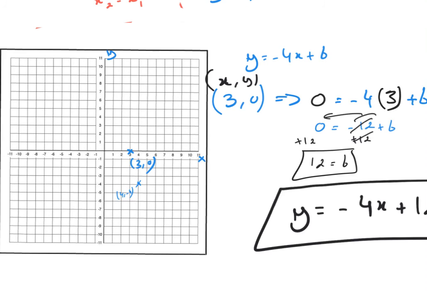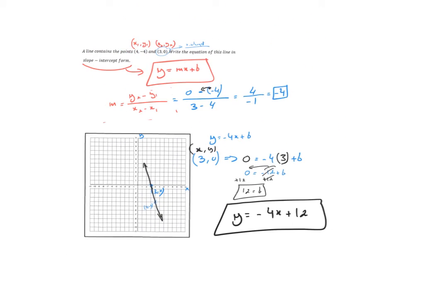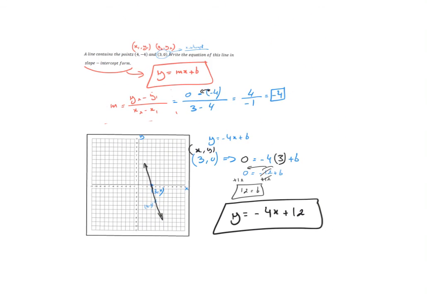So I would connect both points right here. All right, so this is going to be the line here. So again, we just learned how to find and graph the equation of a line using 2 points.